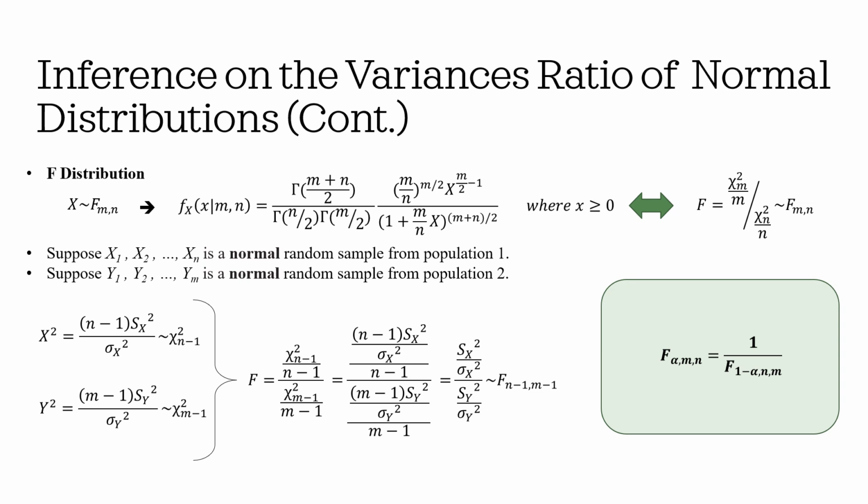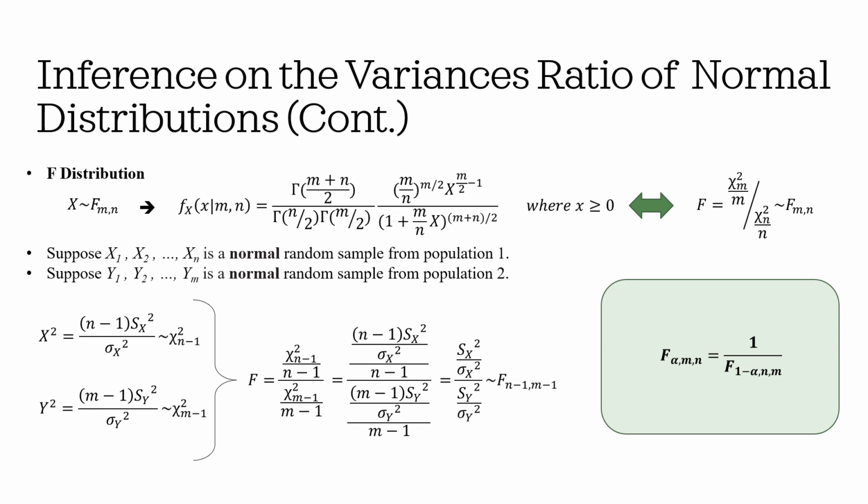Similarly, f value of 1 minus alpha with n and m degrees of freedom corresponds to the lower 1 minus alpha percentile of the F distribution with n and m degrees of freedom. Intuitively, this property reflects the symmetry in the F distribution when considering the ratios of variances. It ensures consistency when degrees of freedom are swapped between the numerator and denominator, preserving the reciprocal relationship between the critical values.